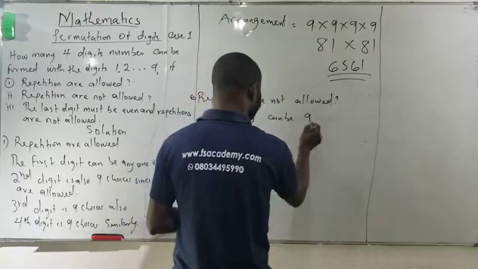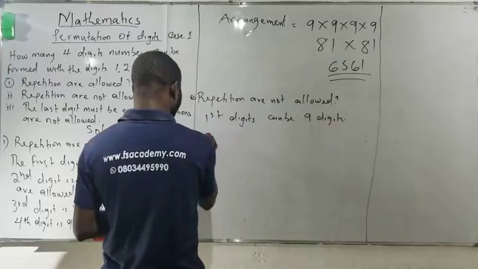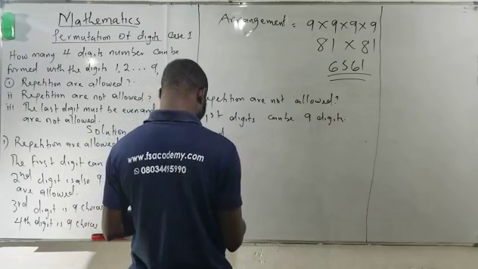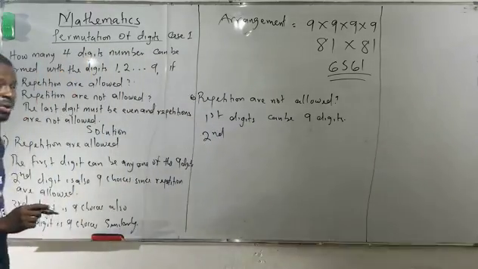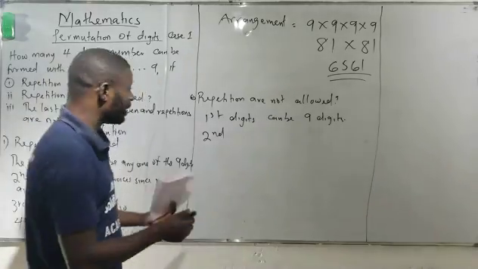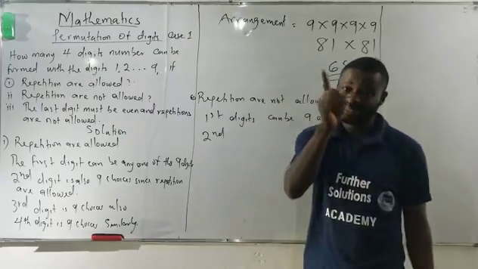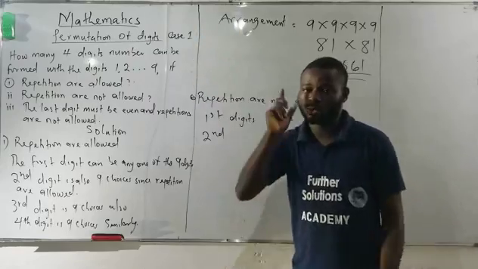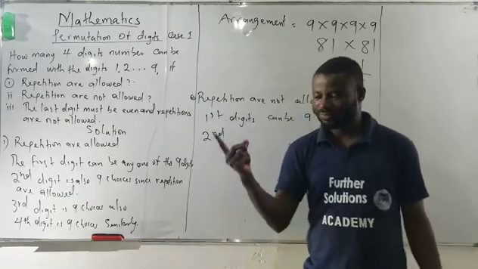First digit can be 9 digits. Now, the second digit can also be what? It means repetition is not allowed. Don't forget that in the number system, we are talking about the number of appearances: 1 is 1, 2 is 1, 3 is 1, 4 is 1, 5 is 1, 6 is 1.